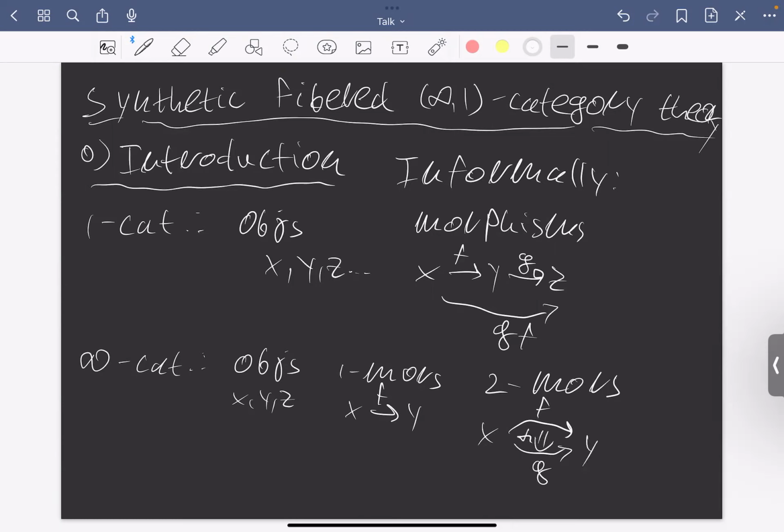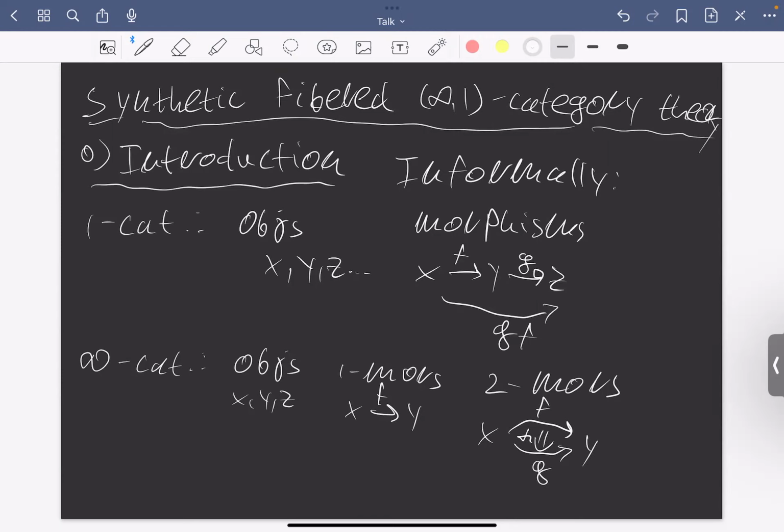So if we have two parallel arrows, we can look at some way of going from the top arrow to the lower arrow. And we draw this bigger arrow in the middle called alpha.